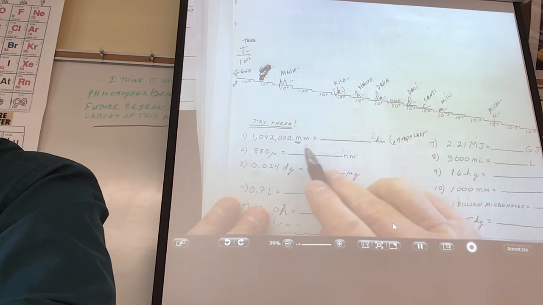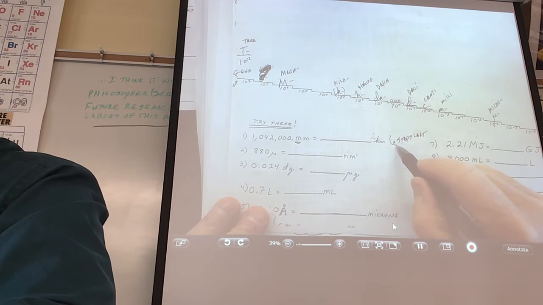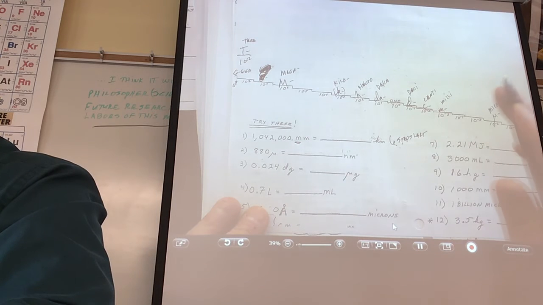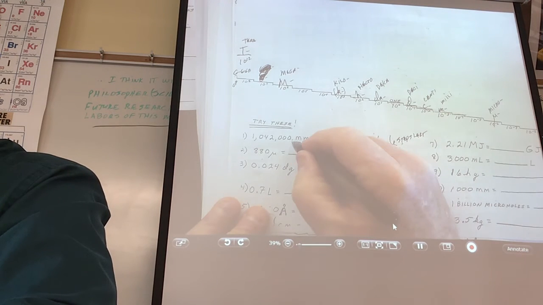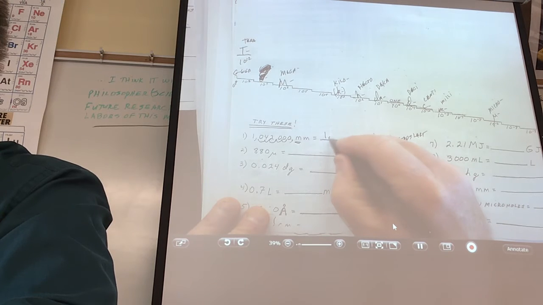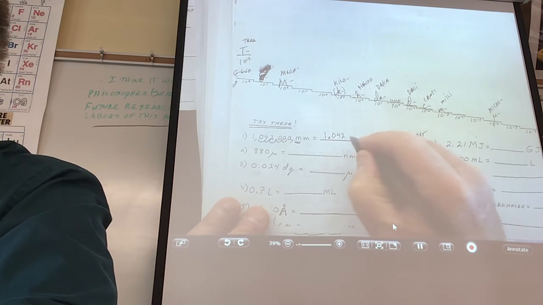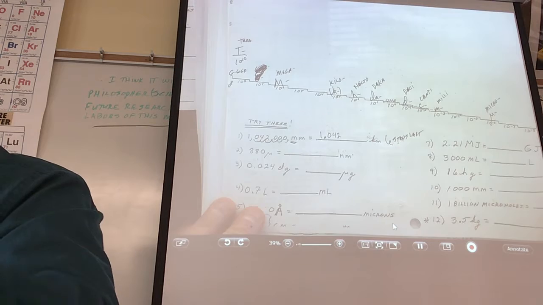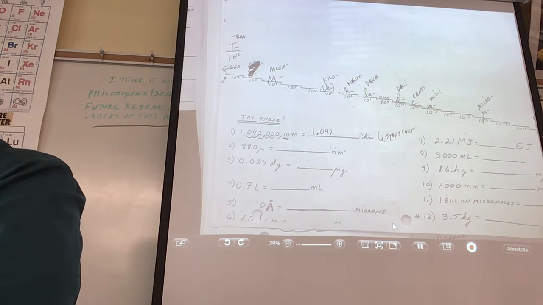Now, if you want to make this conversion, make the decimal move 6 steps to the left. Ready? 1, 2, 3, 4, 5, 6. 1.042. We're done. That is correct.